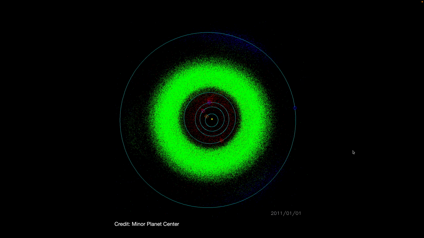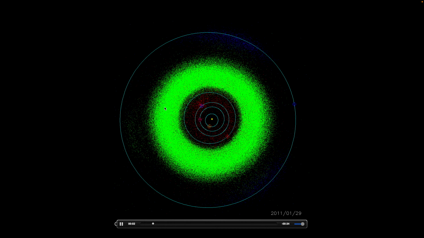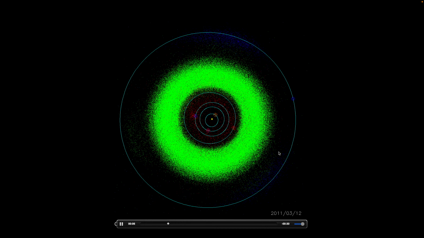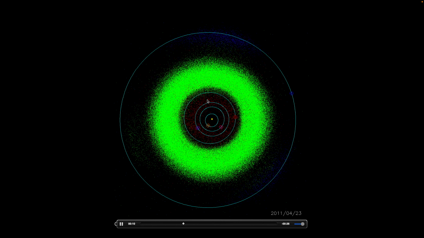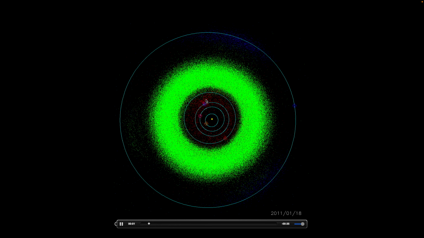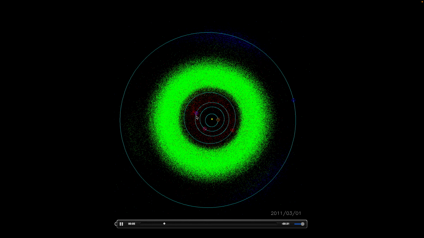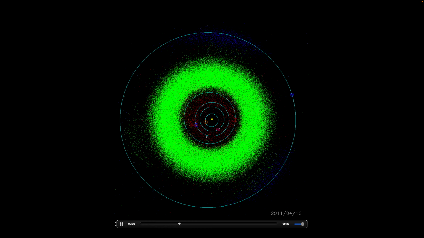Now let's zoom out a little bit, and we see the asteroid belt in its vastness, so to speak. We have Jupiter and some populations called the Trojans and the Hildas. Oops, I should go back. And we see again the small, denser cloud of objects approaching the Earth.